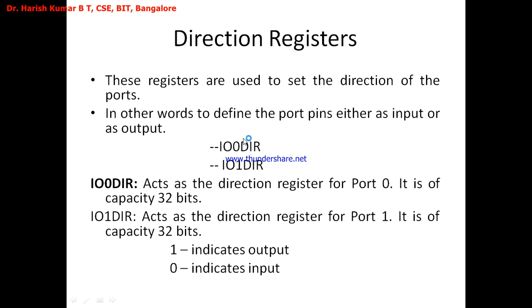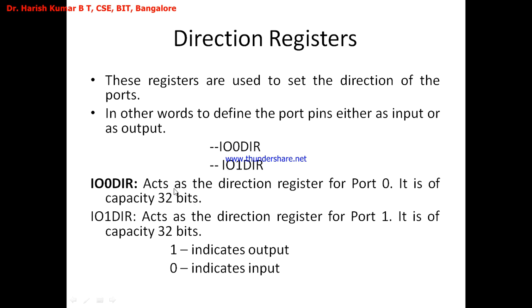Because this is the register which corresponds to port 0, and similarly using this register I can define the directions for the port pins of port 1, and using this register I can define the directions for the port pins which are there in port 0. Hence this is called IO0DIR, hence this is called IO1DIR.